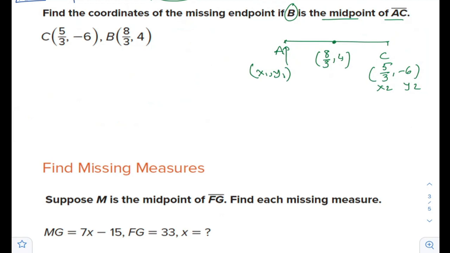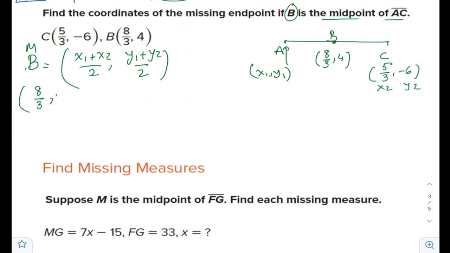It will be the same procedure exactly. So we can say that the midpoint B is, this is the formula. Because this is the midpoint, I will replace. x1 is unknown, x2 is known, y1 unknown, y2 is -6/2.